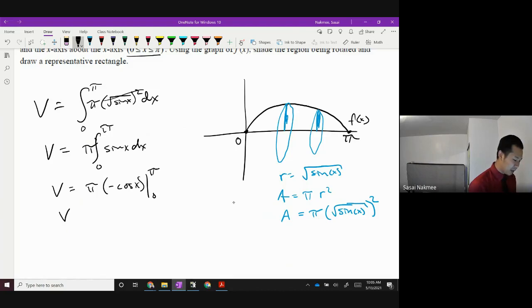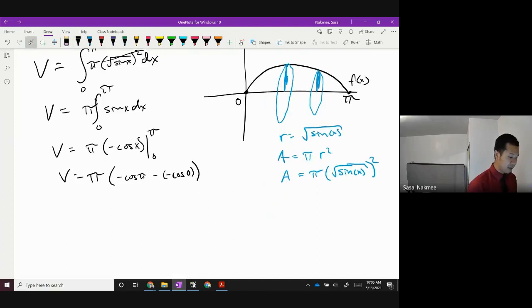And we just go ahead and plug that in. So this is going to be pi times negative cosine of pi minus negative cosine of 0. Cosine of pi is -1, isn't it?